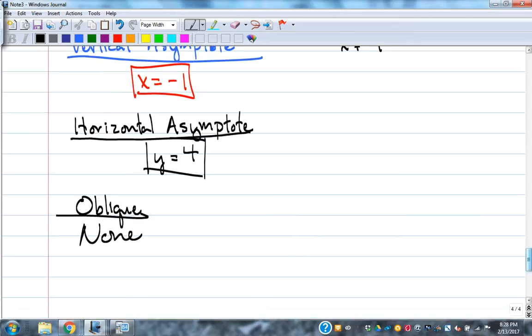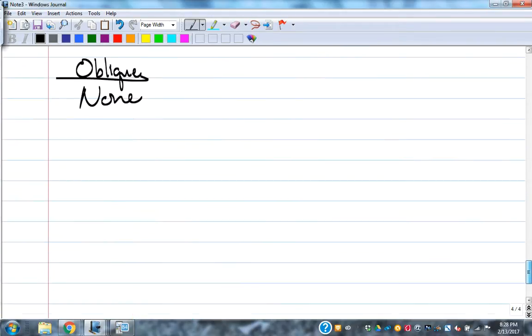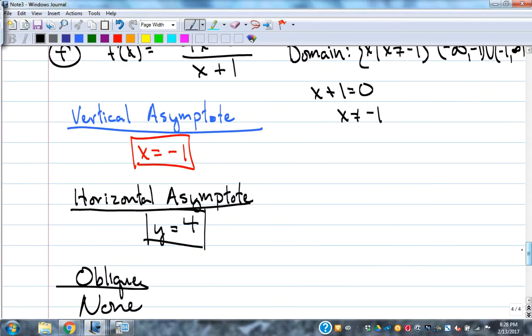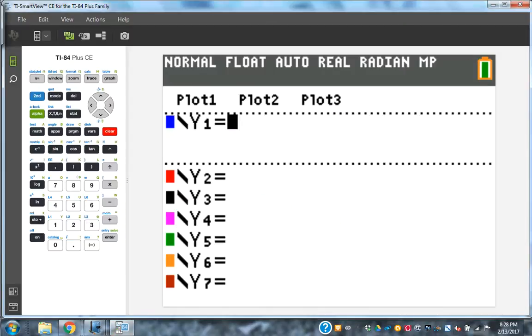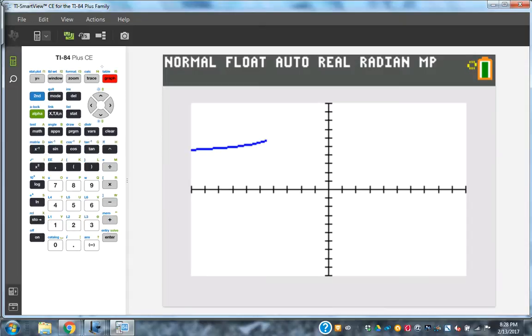Okay, so we're ready for the next example. Oh, we've got to graph that one. Don't forget to graph it, Isabel. All right, here we go. Parentheses 4x minus 2 over parentheses x plus 1, right? That's the right equation. Hit graph.